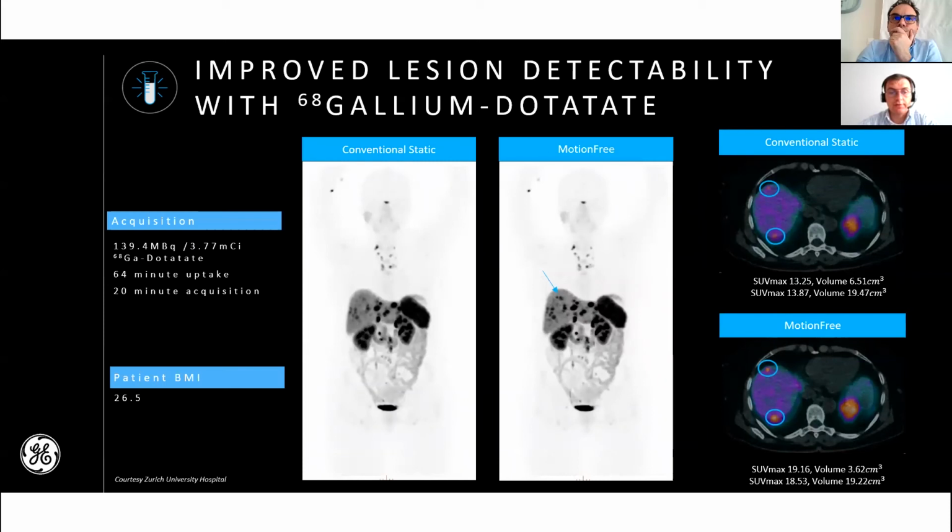Another example related to gallium dotatate is also demonstrated on this slide, where lesions in the upper part of the liver are much better seen, and that is also perfect confirmation of excellent resolution improvements thanks to motion-free.